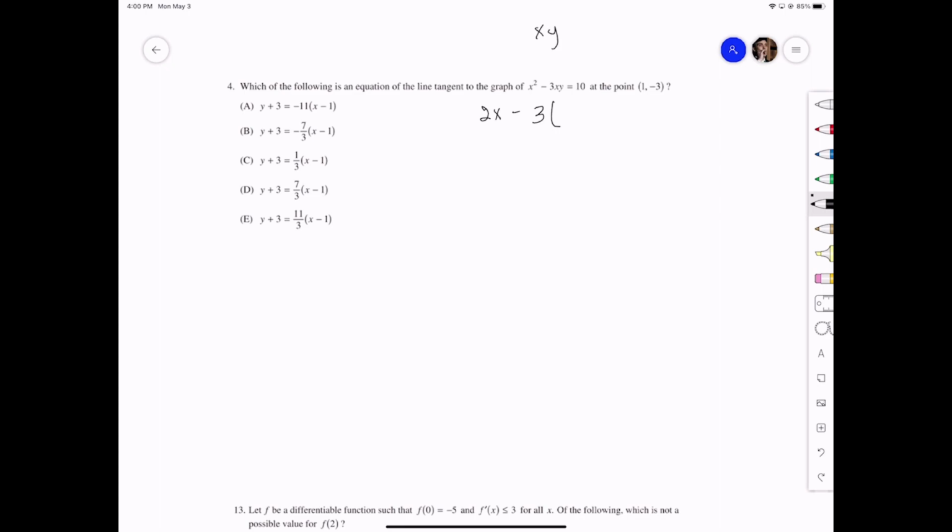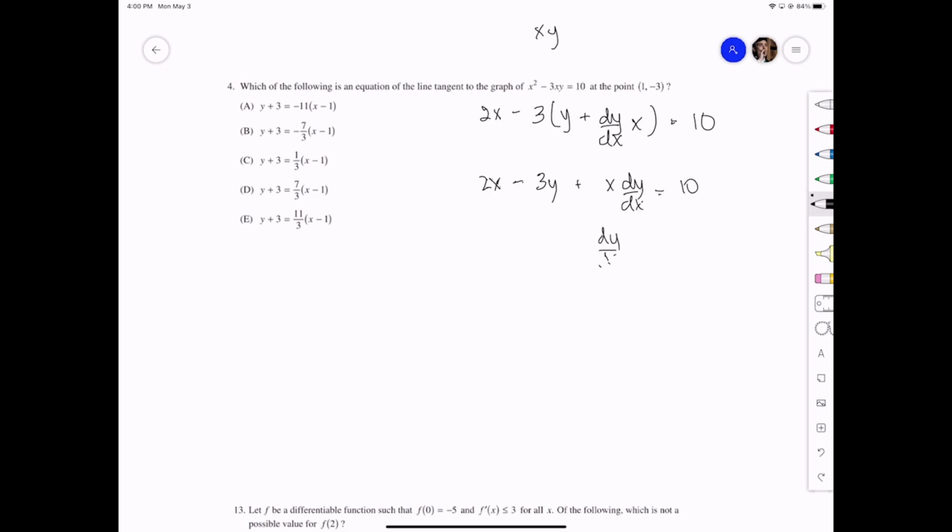The derivative of x is 1, so 1 times y, plus the derivative of y, dy/dx, times x, equals 10. So 2x minus 3y plus x dy/dx equals 10.